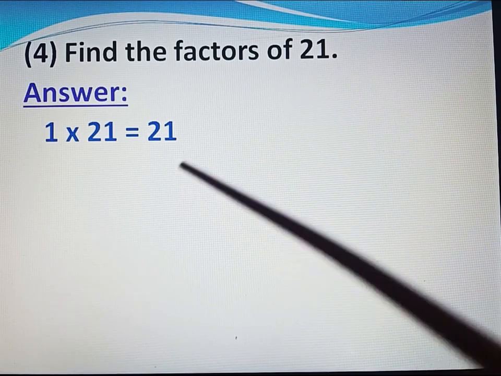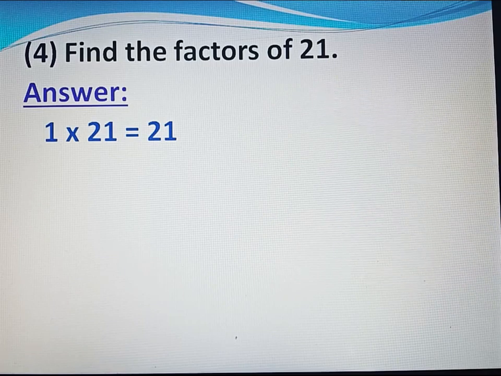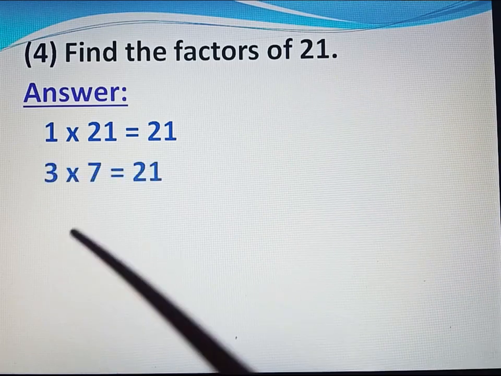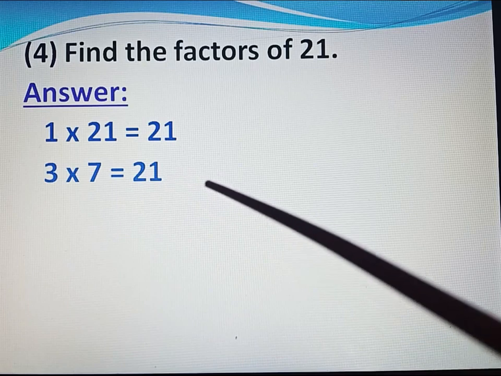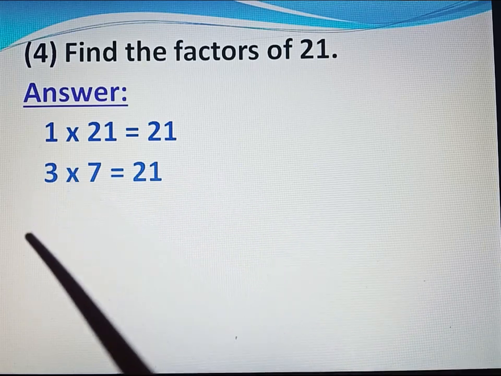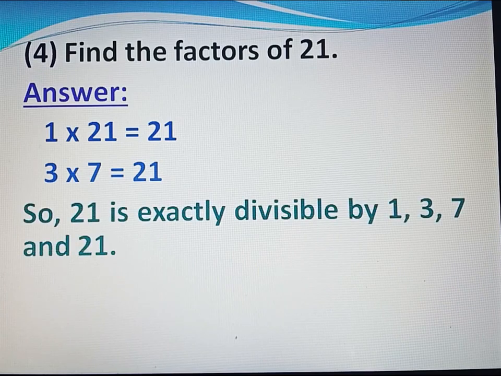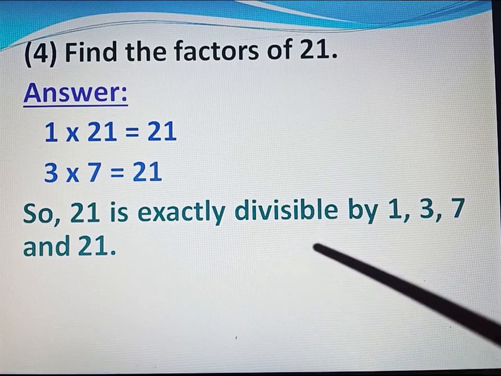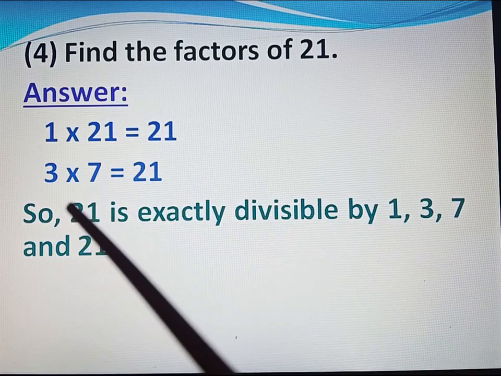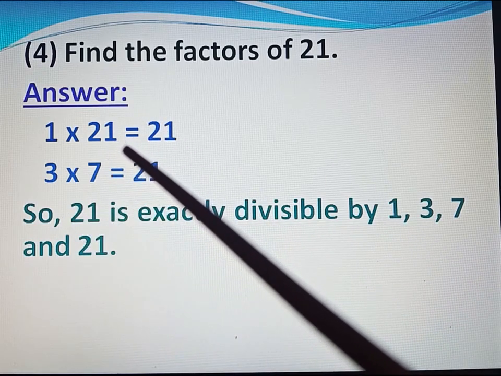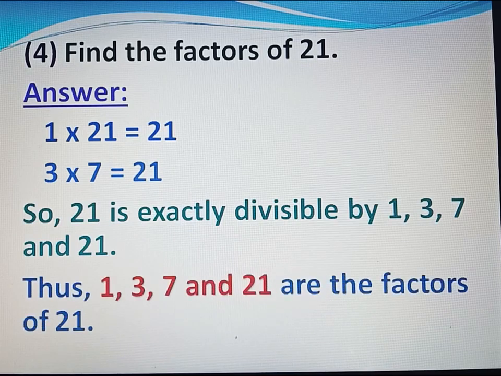Now check for 3. 21 is divisible by 3. 3 multiply 7 equal 21 or 7 multiply 3 equal 21. So 21 is exactly divisible by 1, 3, 7 and 21. Thus 1, 3, 7 and 21 are the factors of 21.